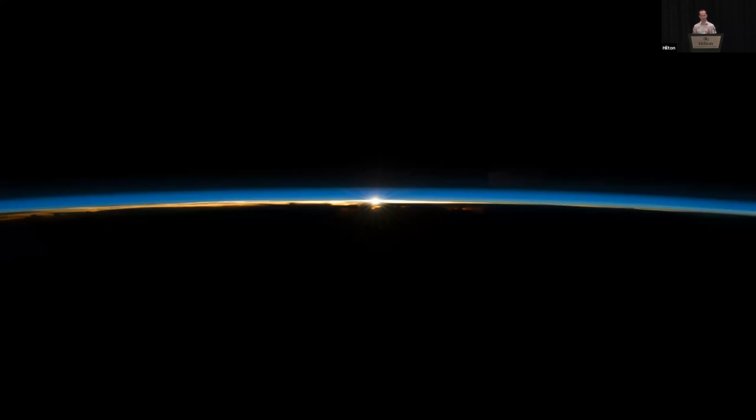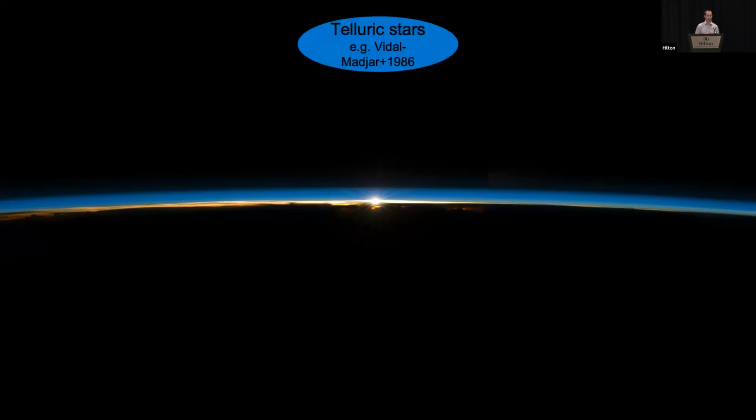Because of the telluric absorption lines, for radial velocity the telluric lines were either masked or sometimes telluric corrected. I'll show you a couple of telluric corrections that have been applied since 1986 with telluric stars as a reference.